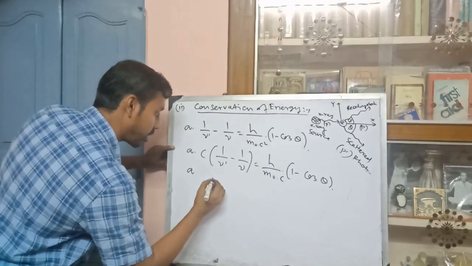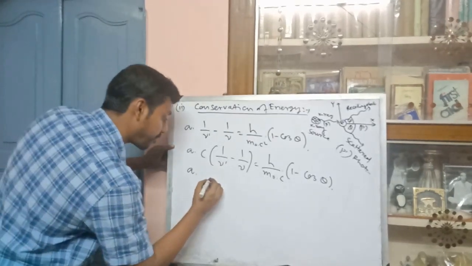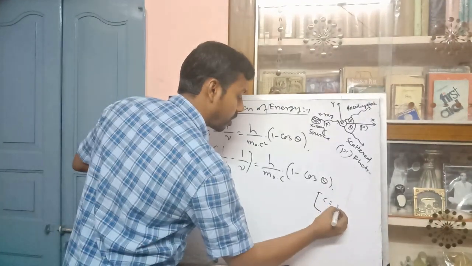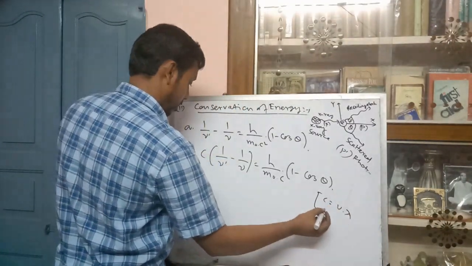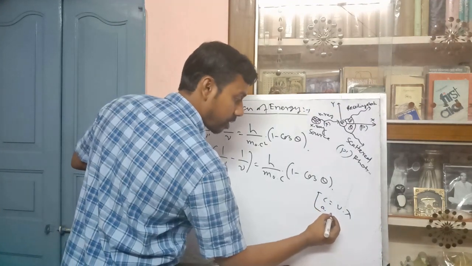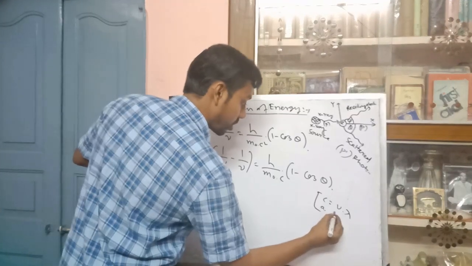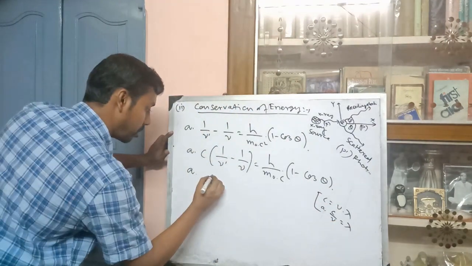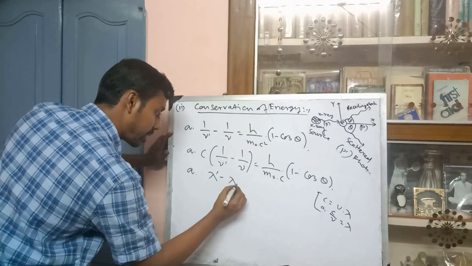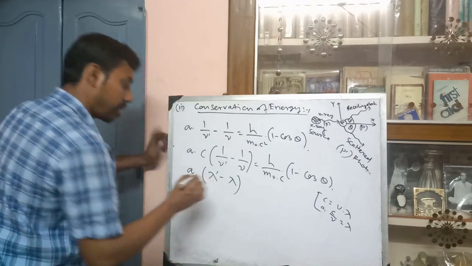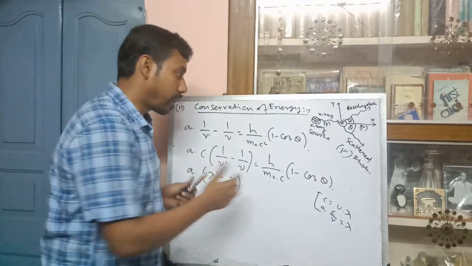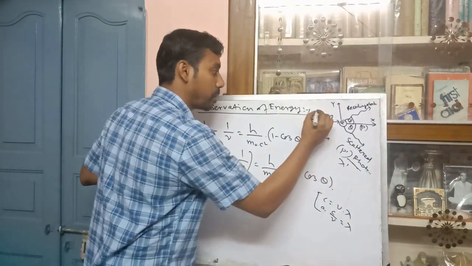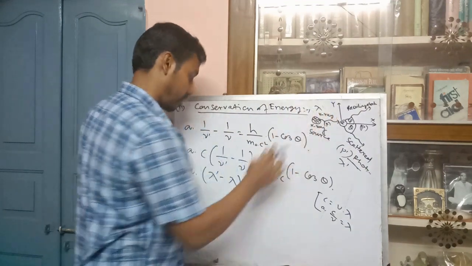Look, c equals nu into lambda, or c by nu is equal to lambda. So this gives you lambda dash minus lambda, where lambda dash is the wavelength of the scattered photon and lambda is the wavelength of the incident photon.